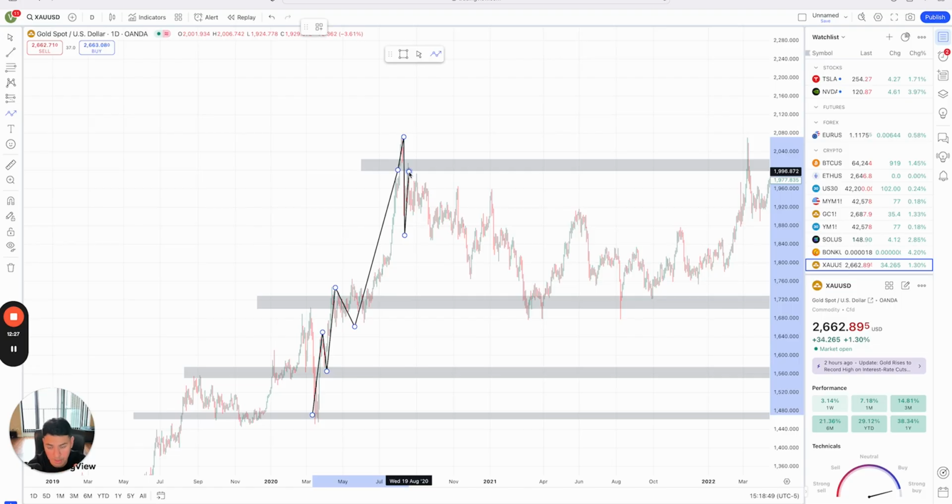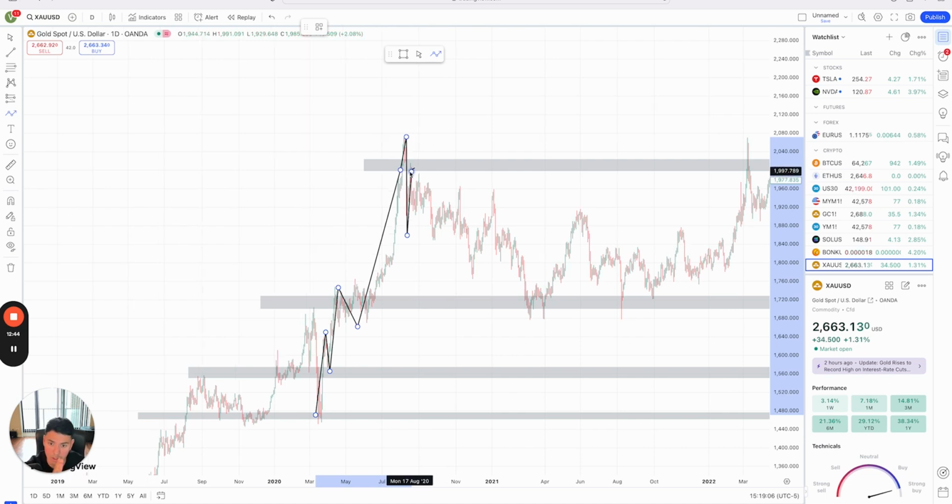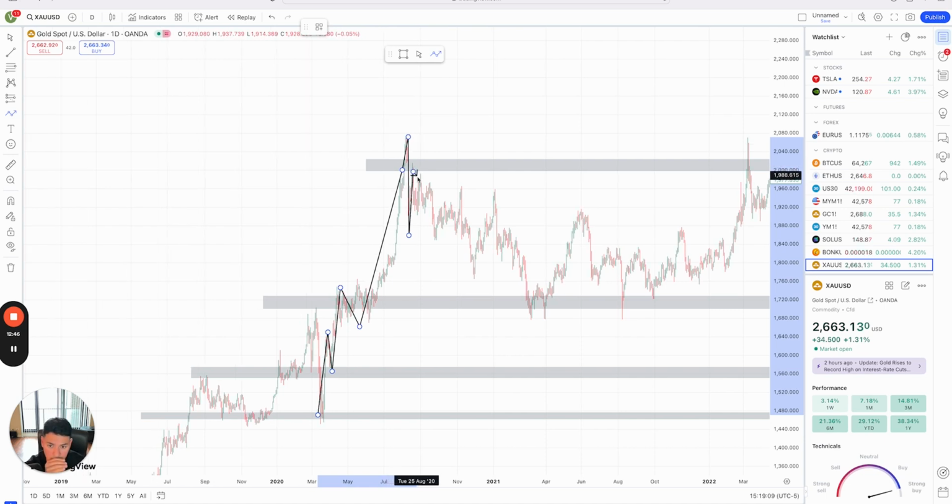So what happens after? You throw a ball at the roof and it comes back down to the floor. That's exactly what happens with price. After it didn't break above and it respected resistance, it respected the roof of the house, it comes right back to the support line, which is the floor.